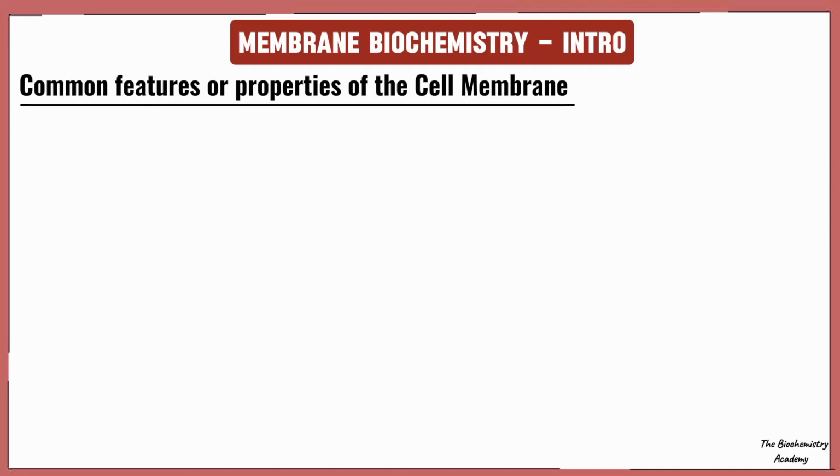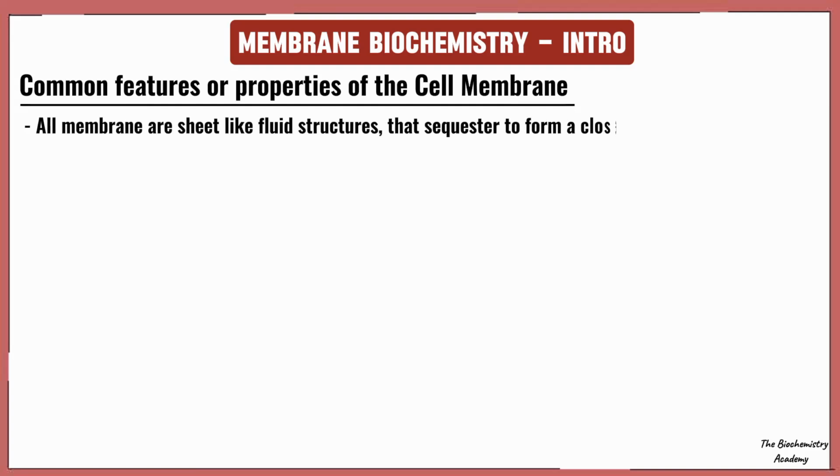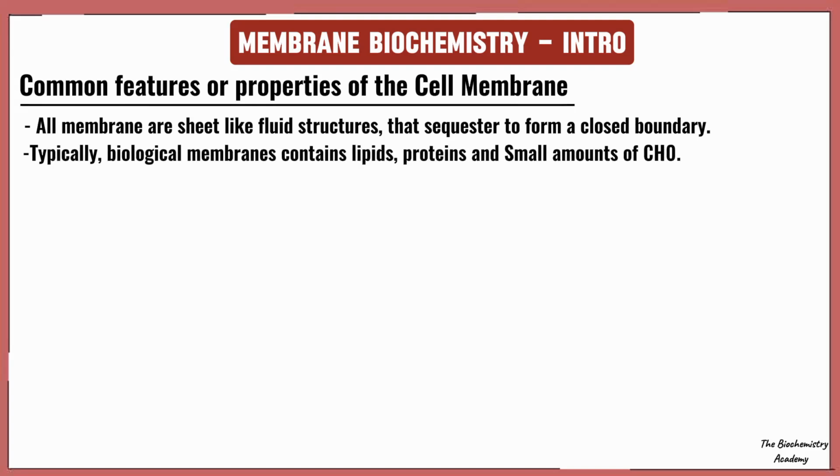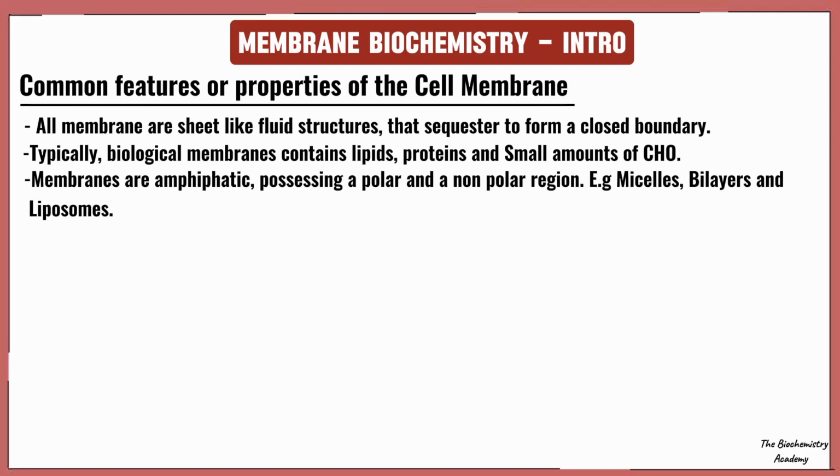Now let's talk about the common features or properties of the cell membrane. All membranes are sheet-like fluid structures that sequester to form closed boundaries. Typically, biological membranes contain lipids, proteins, and small amounts of carbon, hydrogen, and oxygen in ratios varying with the source of the membrane. Now, membranes are amphipathic, meaning that they have a polar region and a non-polar region.